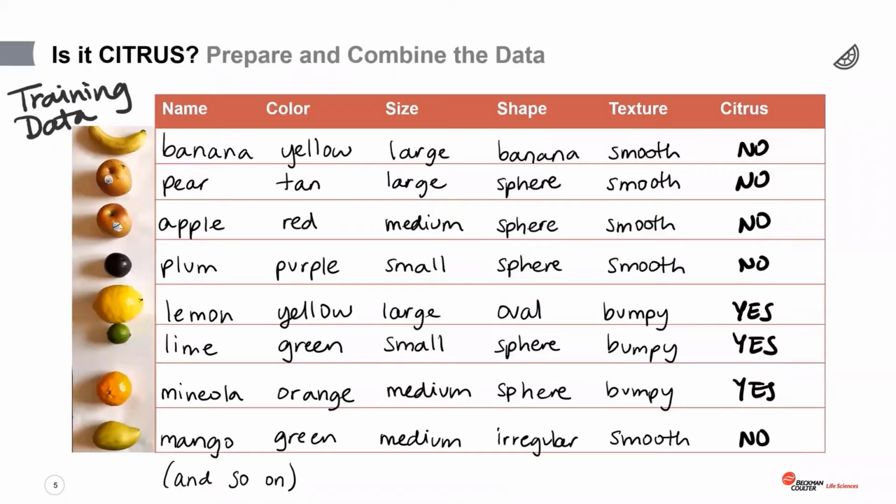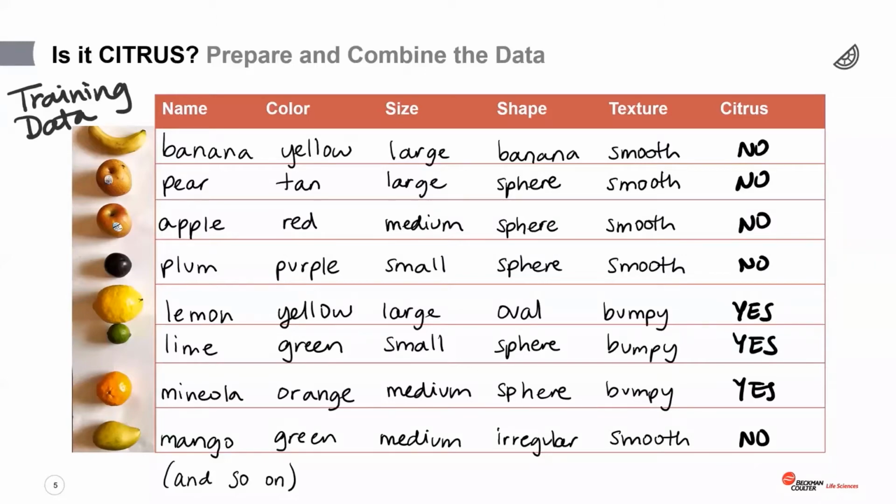So if I knew nothing else about the fruit besides what I can see, here's some of the data that I can collect. I took notes on each fruit's appearance, including their color, size, shape, and texture. Crucial for building my model, I also know the group assignment for each sample, that is, whether the item is a citrus fruit or not.